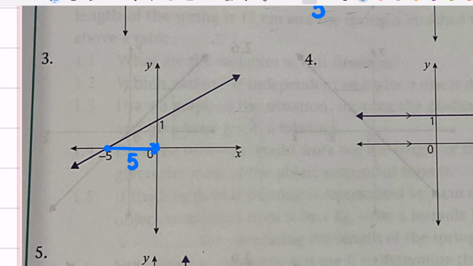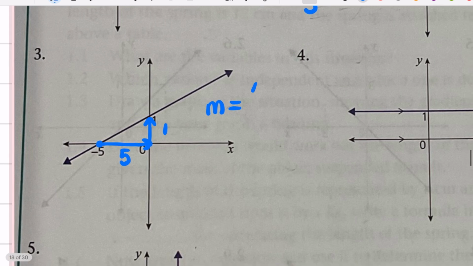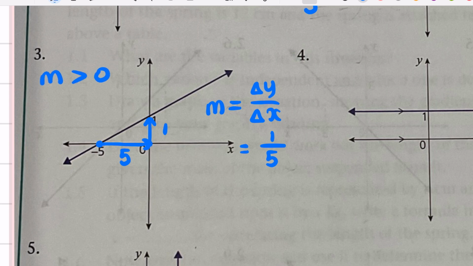And then from there, we move up 1, which is the positive direction of y. So our gradient is going to be the change in y over the change in x, and that gives me 1 over 5, okay? And this makes sense because this graph is going upwards, which means that we would have suspected that our gradient would be bigger than 0, and that is the case.